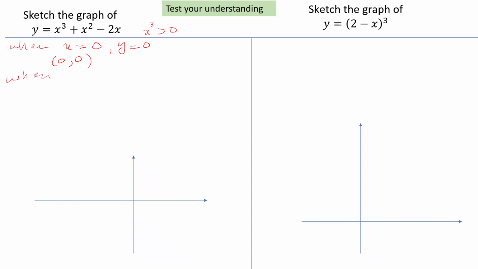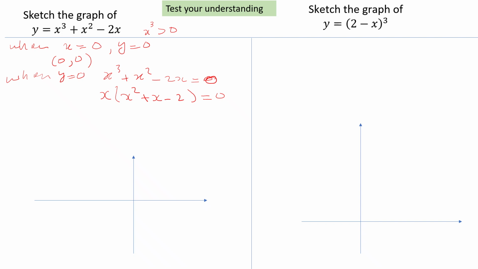When y equals 0, x cubed plus x squared minus 2x equals 0. We need to factorize this one. Take x out of the bracket. So x squared plus x minus 2 equals 0. Now again we have a quadratic.